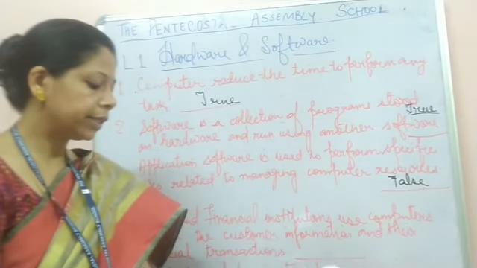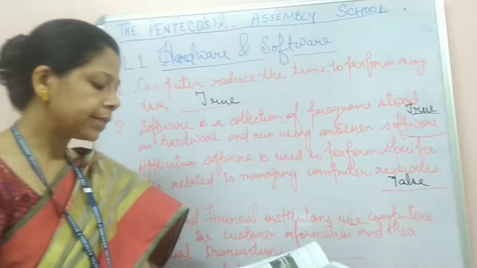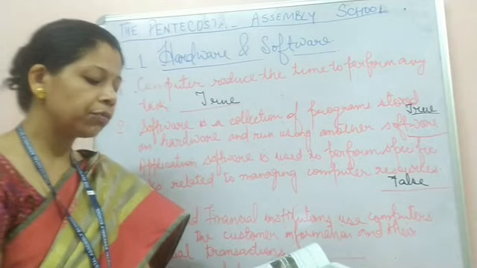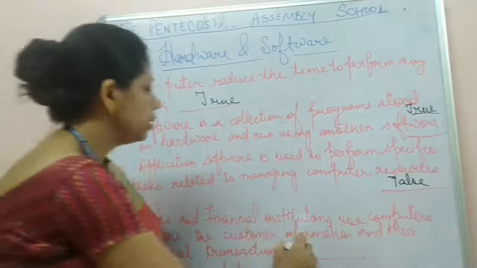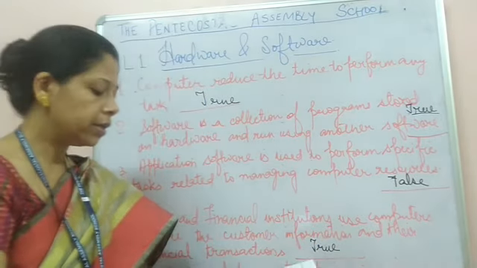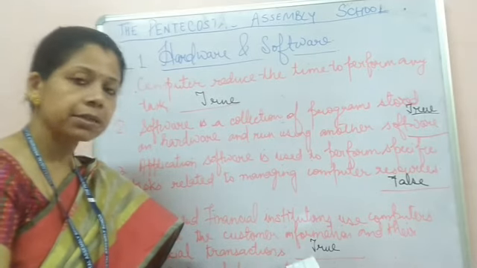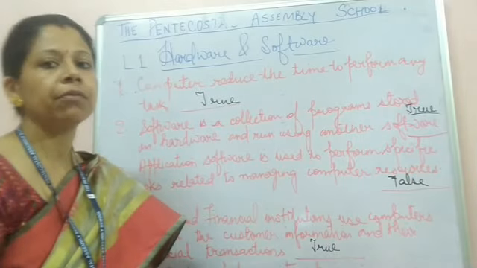Now come to next. Banks and financial institutes use computers to store the customer information and their financial transactions. Yes, the answer is true. The last one. Computers help in tracking incoming missiles, tracing lost debris of any accident, and testing various equipment.